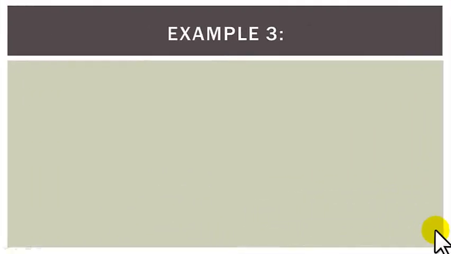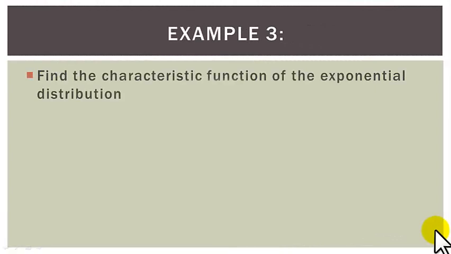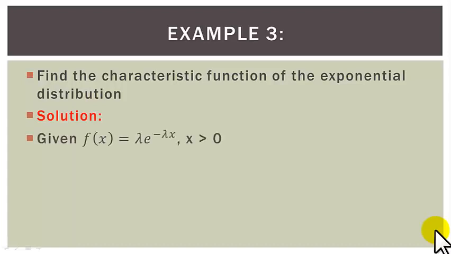Example number 3. Find the characteristic function of the exponential distribution. Solution. We recall that the probability density function of the exponential distribution is given by f of x equal to lambda times exponent minus lambda x for x greater than 0.